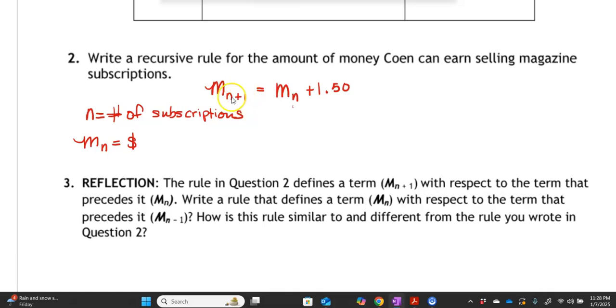So I've sold 1 subscription, okay? Because if this is 0, this is also 0, because they're both M sub n, but this one has that plus 1. This n is still the same number. So if I've sold 0 subscriptions, I still have that $20. But if I want to figure out what I have from selling 1 subscription, then I take 0 subscriptions and add $1.50.